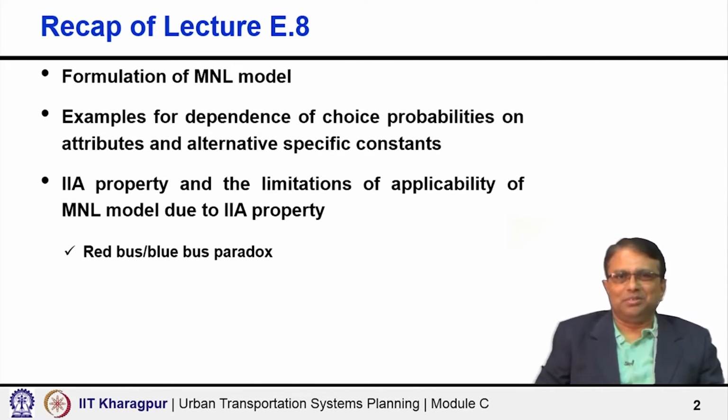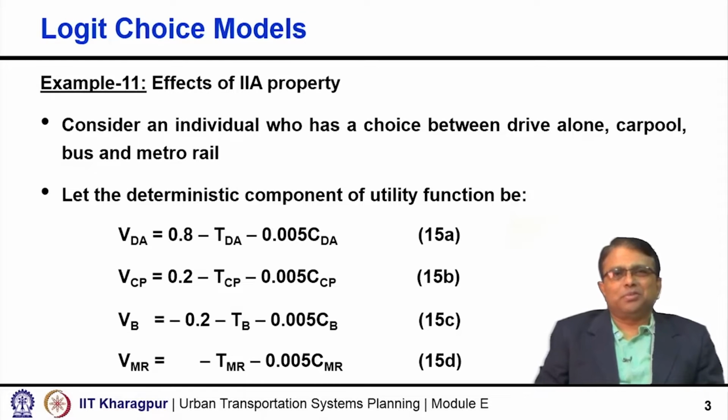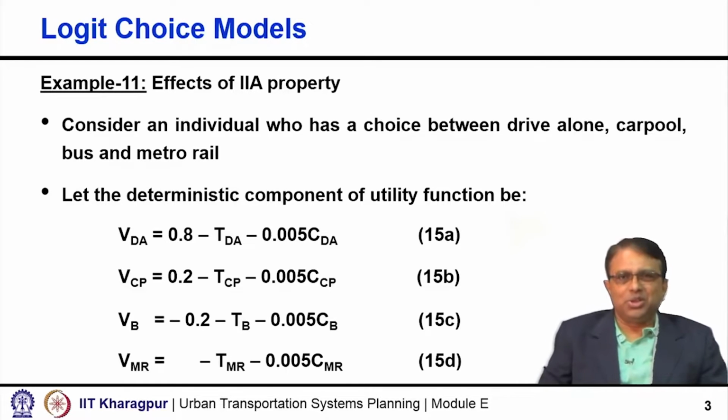Now, let us take an example first to understand what we said, that the ratio of probabilities of two alternatives does not get influenced by the utility of any third alternative. So, always this ratio will remain constant.